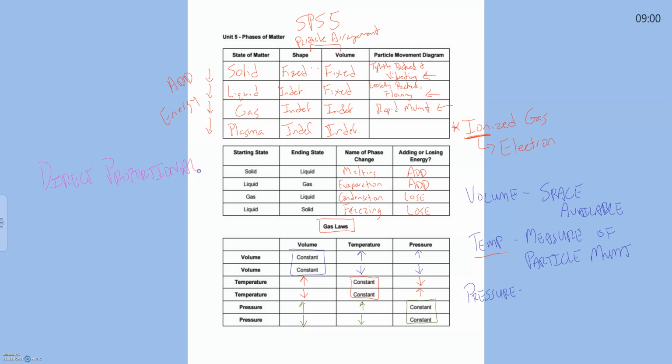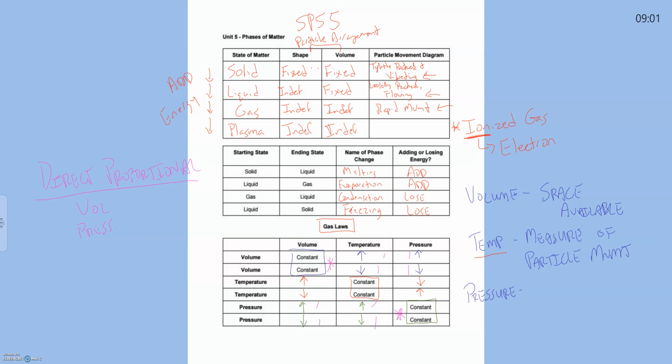You have directly proportional relationships in the scenarios where volume is constant and when pressure is constant. Whenever something goes up, the other thing goes up. Whenever something goes down, the other thing goes down, and you can see it here in this chart.